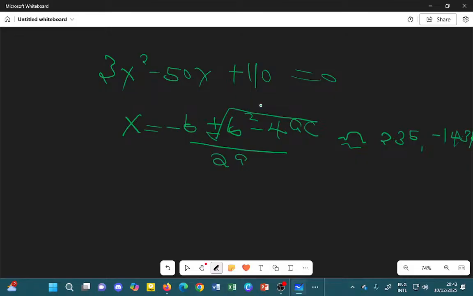So negative 14.31 is not feasible. So we take 2.35.